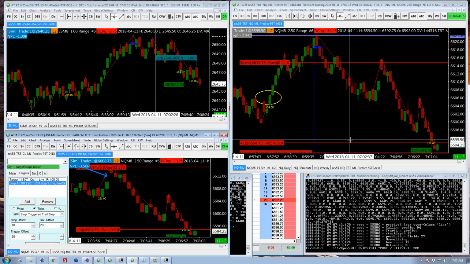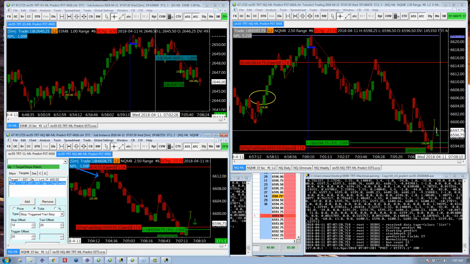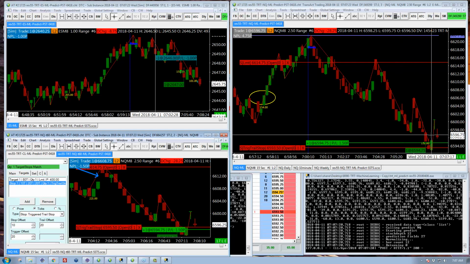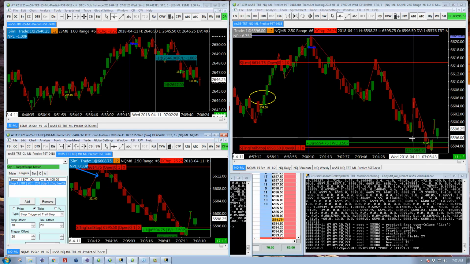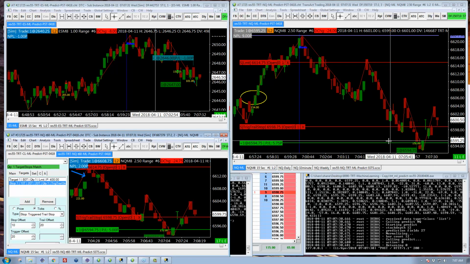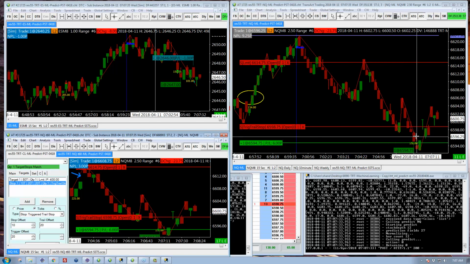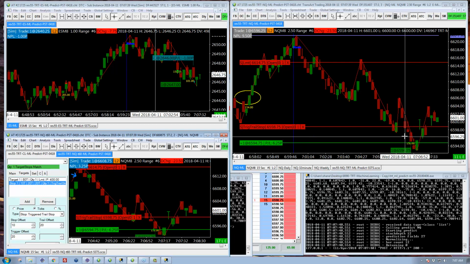Another gutsy long here in the NASDAQ. It's a failed breakout short, long. Wow, look at that. Look at how jumpy the market is. So at first target, moved to -5, entry -5, and now trailing. This is really ugly looking here with these gaps.